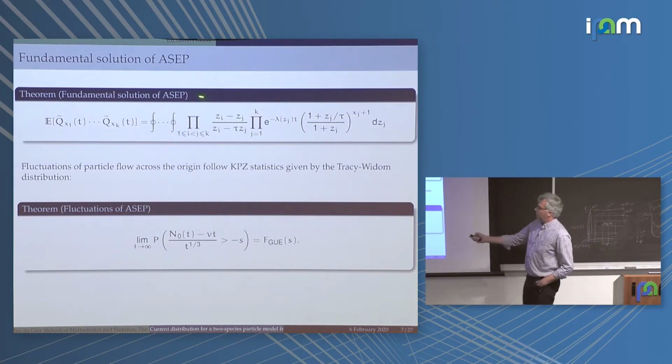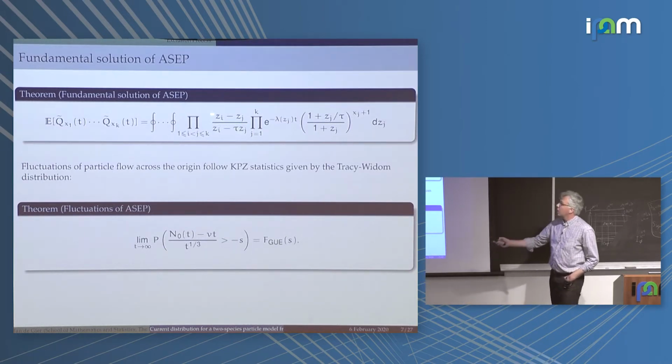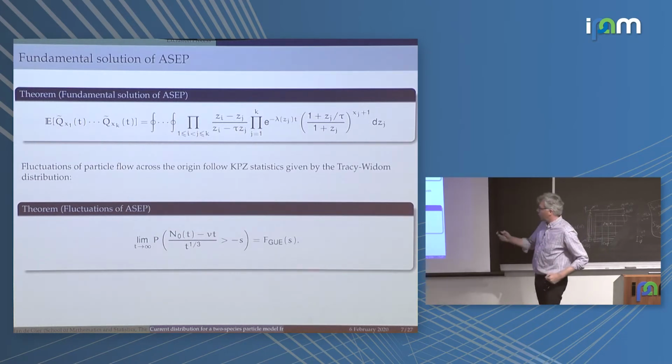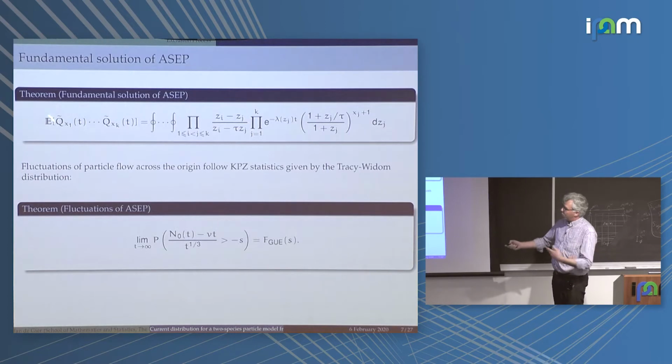And then there's a Vandermonde determinant divided by a tau-deformed Vandermonde determinant, if you like. This arises because you're looking at an interacting system, so it can't be that all these moments are independent, as would be if this was just a product. So there is some sort of interaction which is described by this term here.